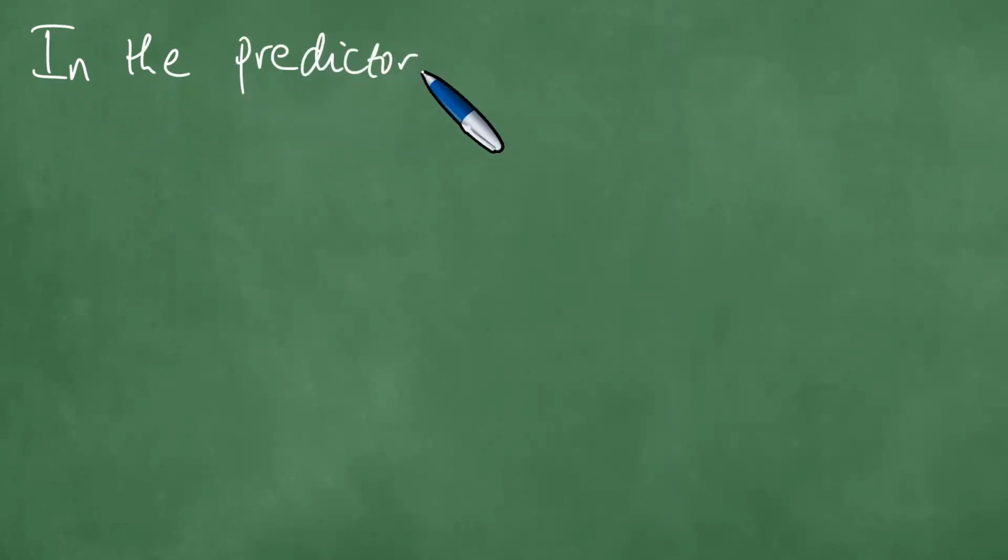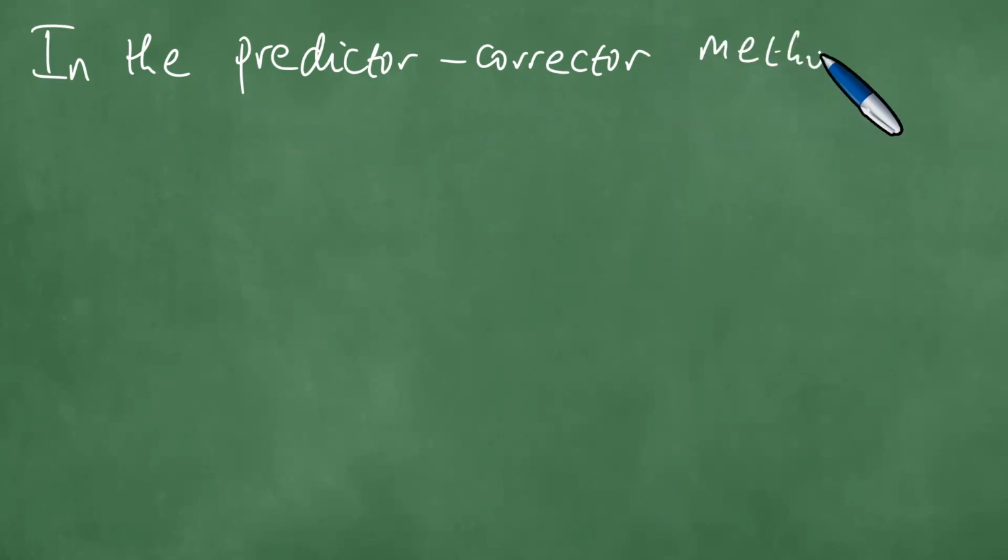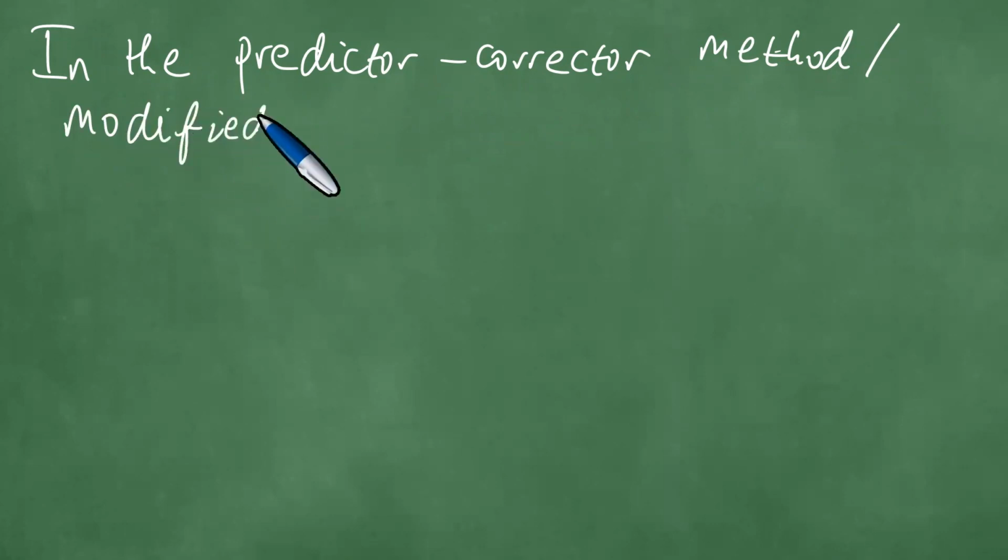Sometimes we call it the predictor-corrector method, but it is certainly the modified Euler as well, so we use these words interchangeably here.